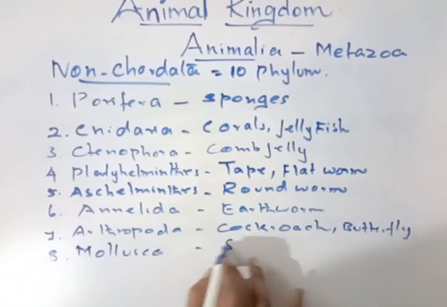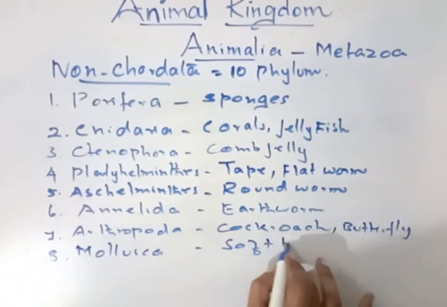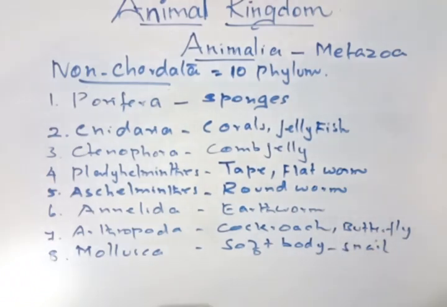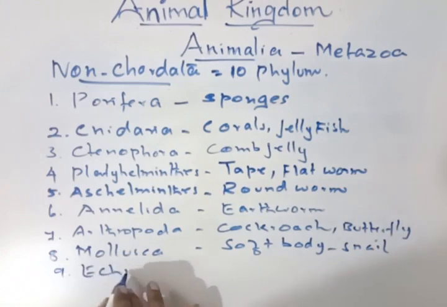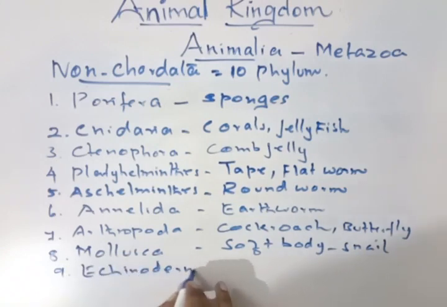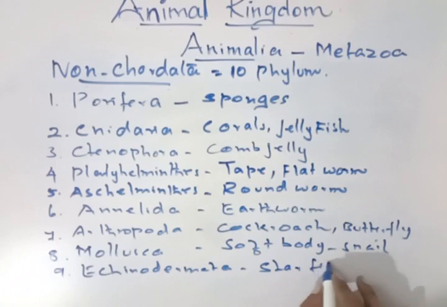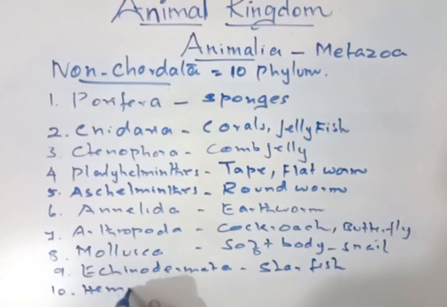Mollusca is always a soft-bodied animal, for example, snail. Then the ninth one is Echinodermata; you will have starfish as an example. Then the tenth one is Hemichordata; the example is tongueworm.